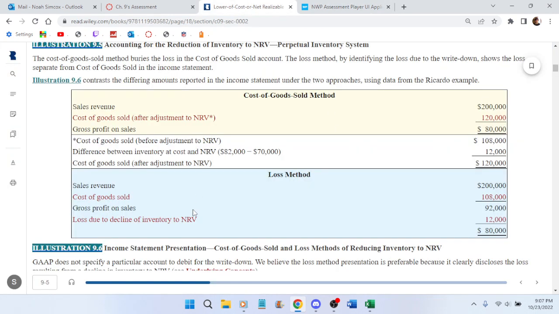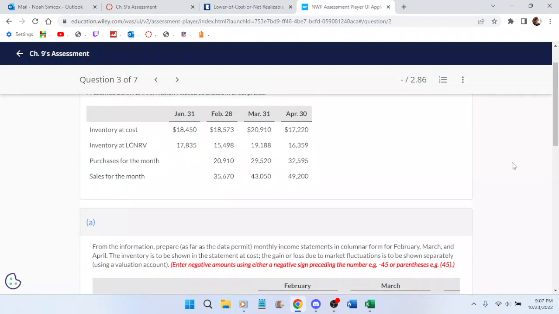And then how do you calculate this? You have your difference between inventory at cost and NRV. So what's the difference between them?